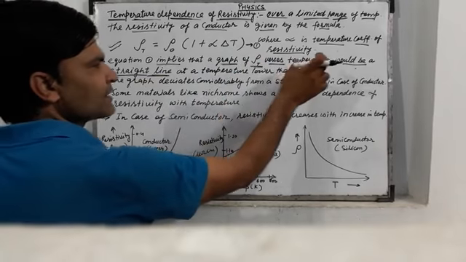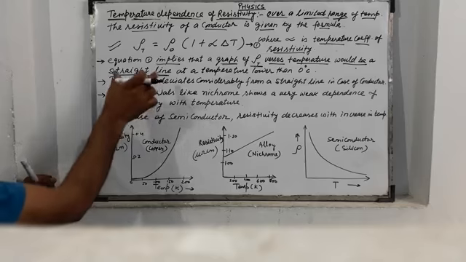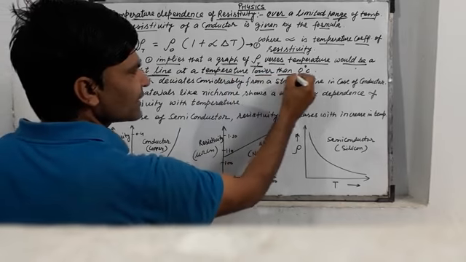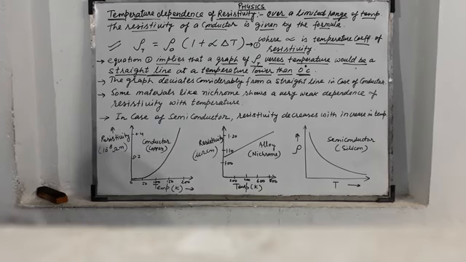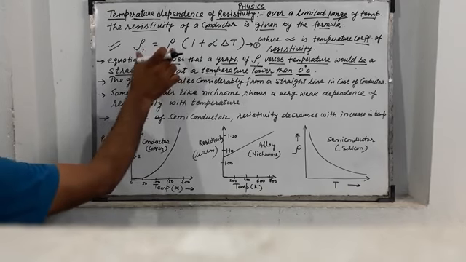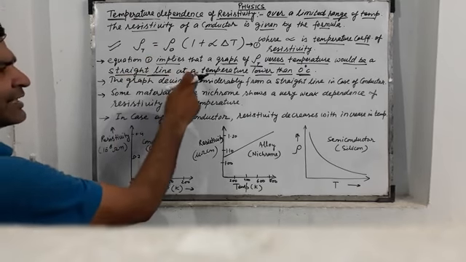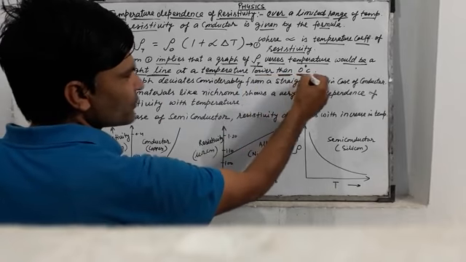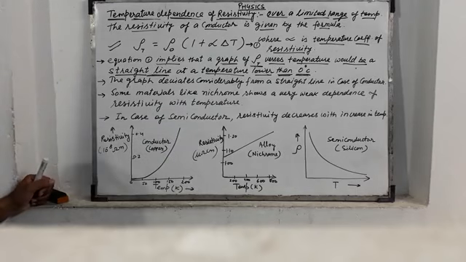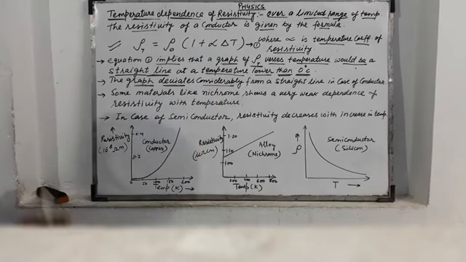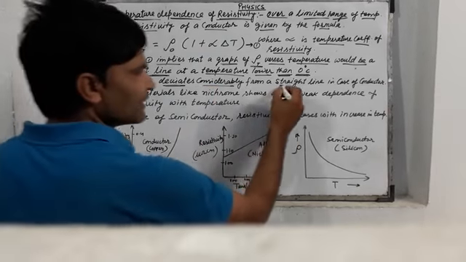It is similar to y equals mx plus c, the equation of a straight line, but only at temperatures lower than 0 degrees Celsius. Above 0 degrees Celsius, the graph deviates considerably from a straight line.